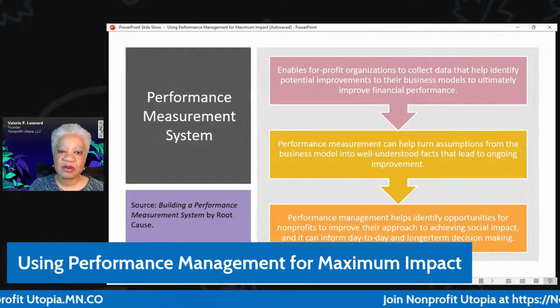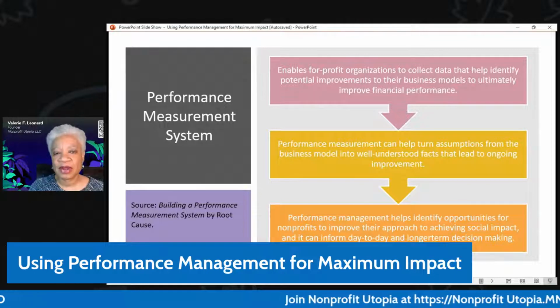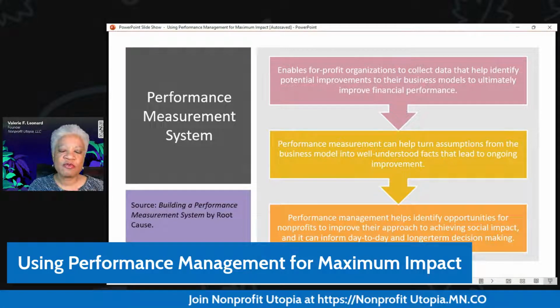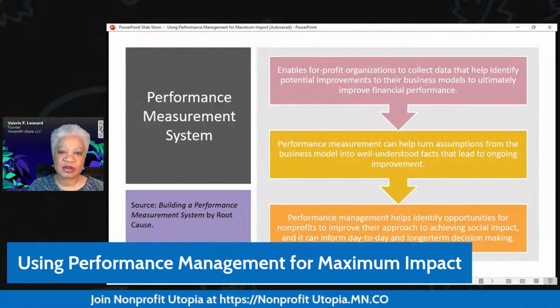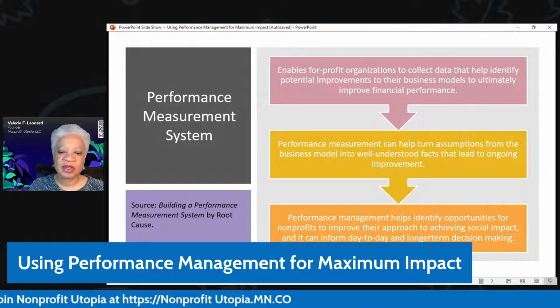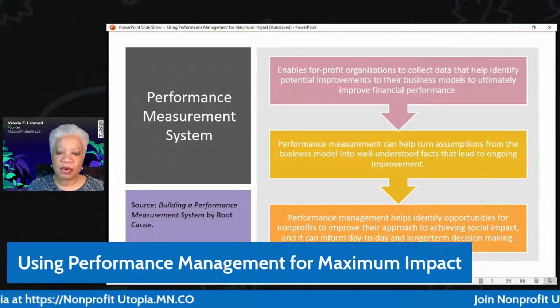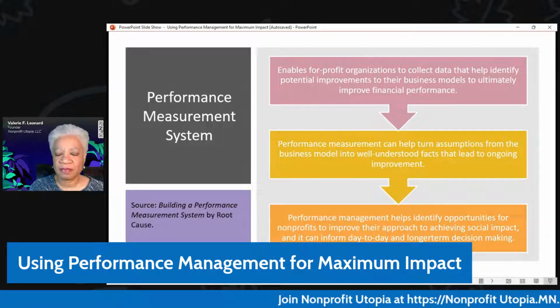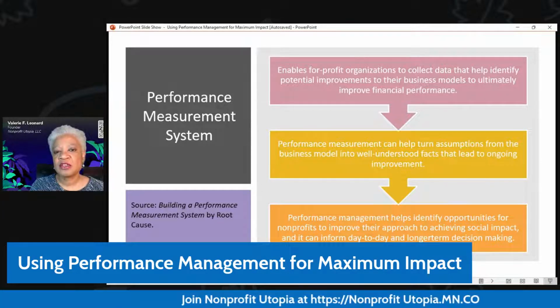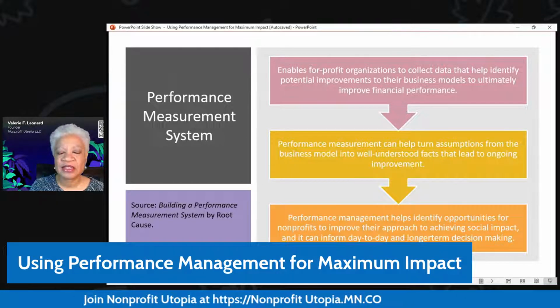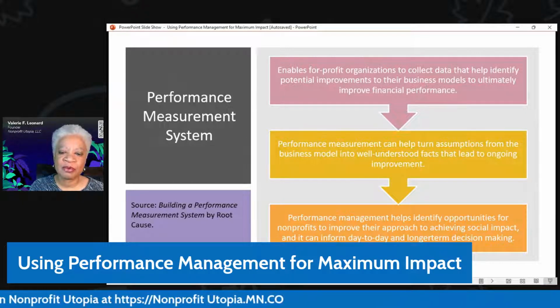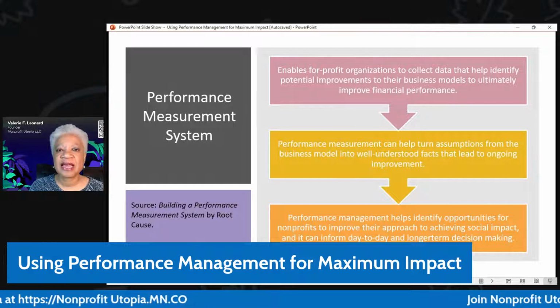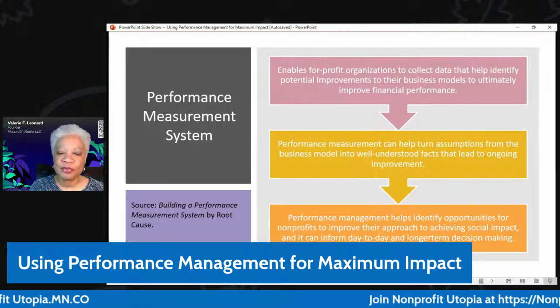Just like a for-profit business uses performance measurement systems, so can a nonprofit. A nonprofit can use those same systems to measure their own operations, to measure their own program performance, and then to identify opportunities for improvement.